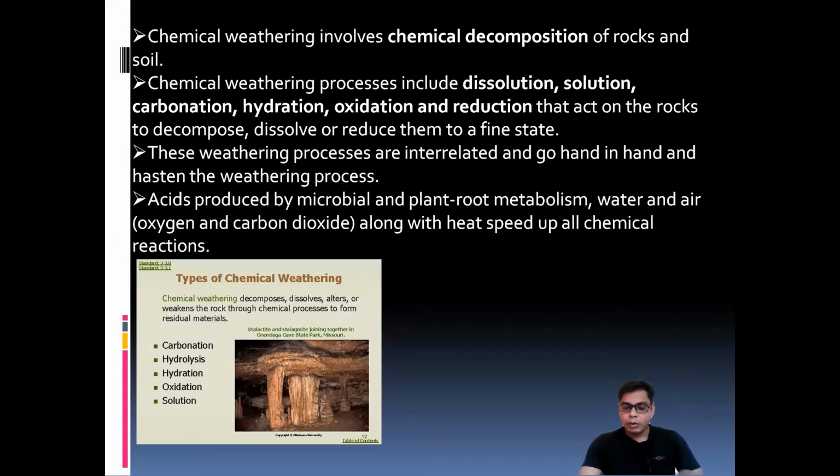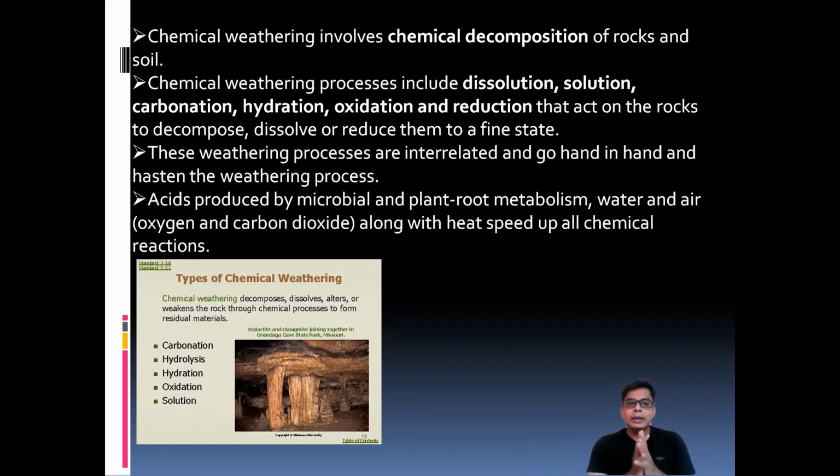It occurs when the minerals present in the rocks react chemically with water and gases in the atmosphere, and due to this, sometimes there is a disintegration of the rock. Unlike rocks that have weathered mechanically, these rocks have a different chemical composition. So in this process, the rocks are chemically changed. This we have to memorize.